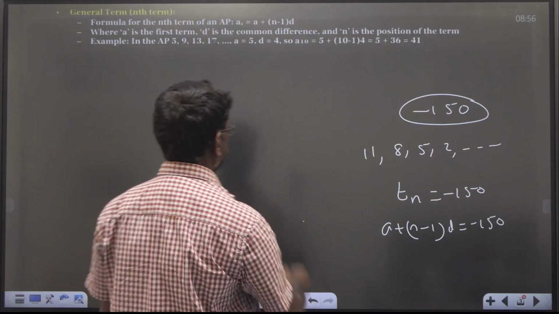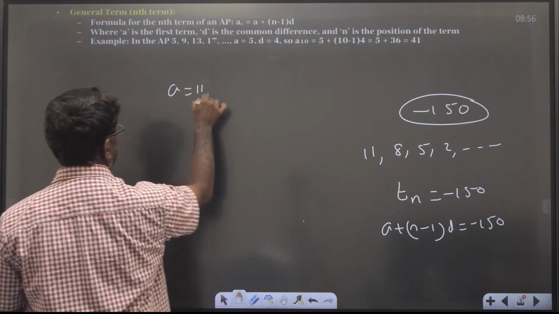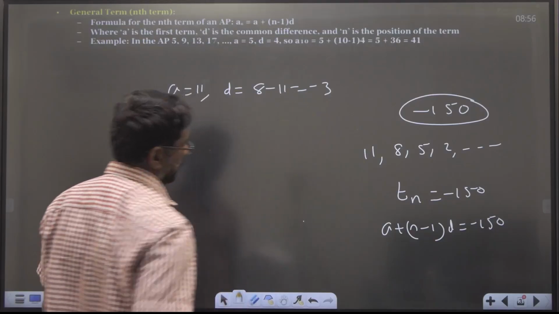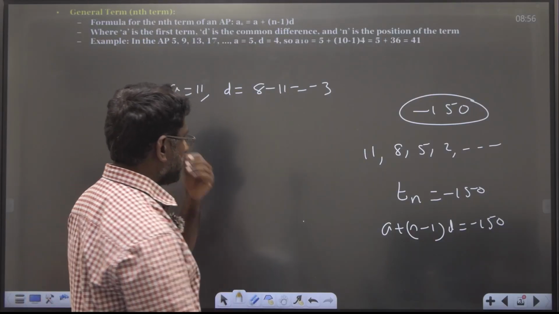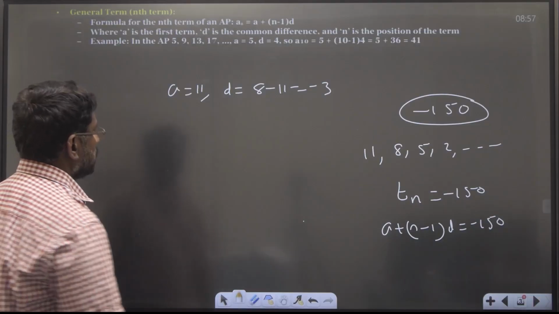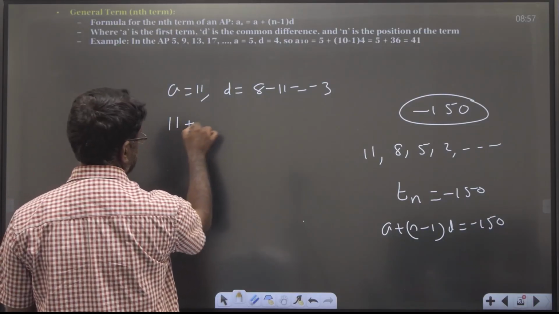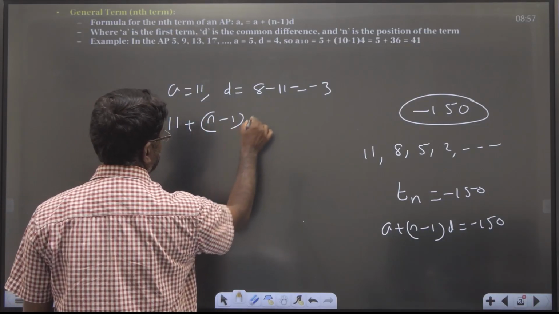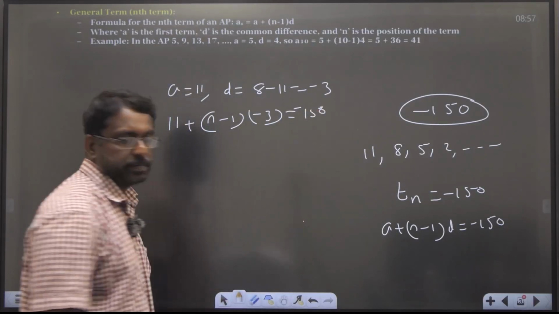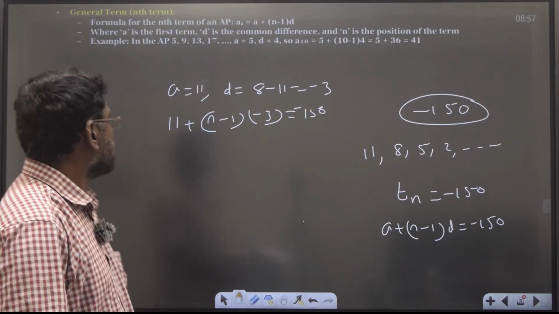What is a? a is equal to 11. What is d? 8 minus 11, that is minus 3. So 11 plus (n minus 1) into minus 3 is equal to negative 150.